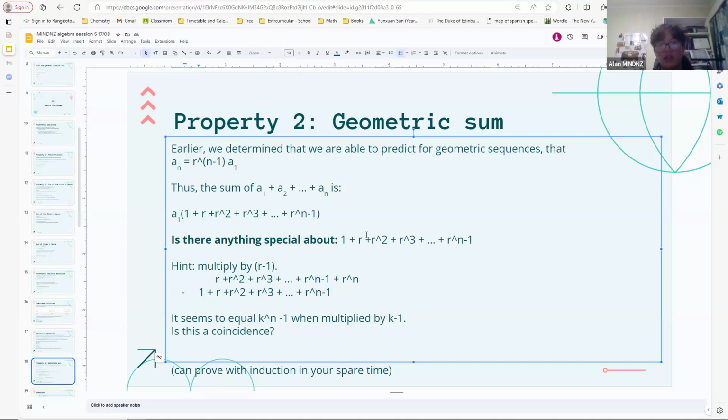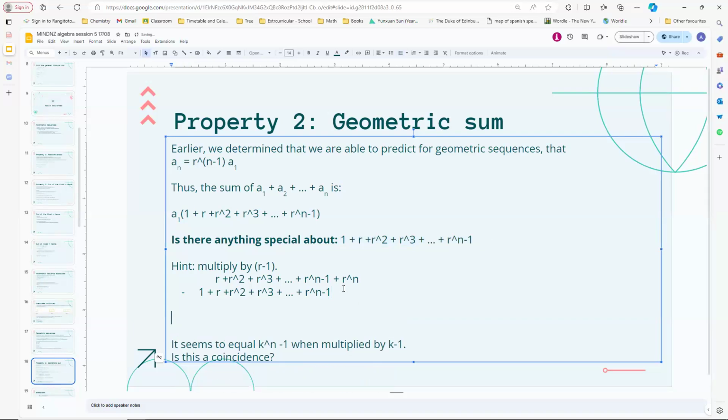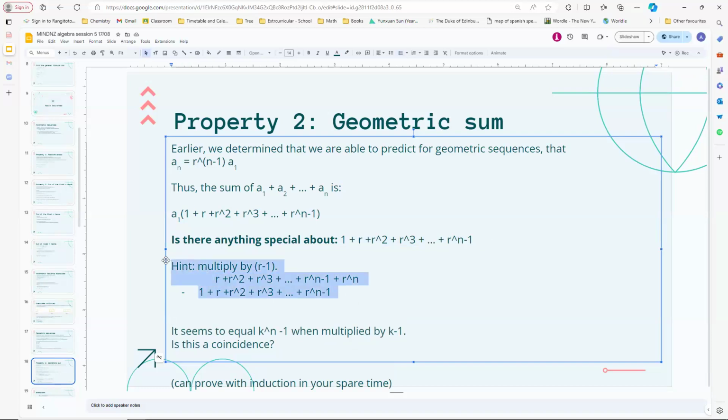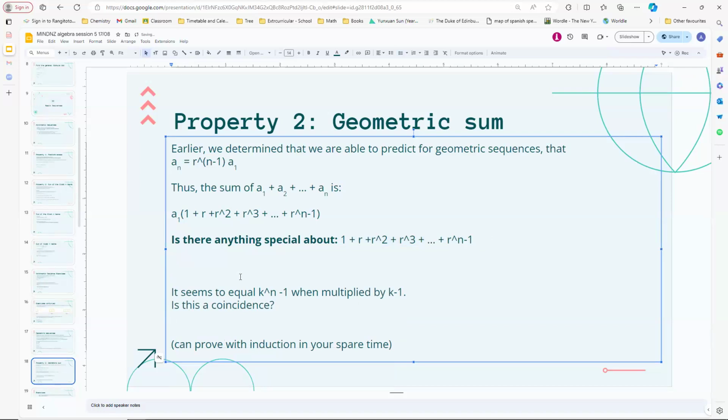So this large expression, 1 plus r plus r squared dot dot dot plus r to the n minus 1, times r minus 1 equals r to the n minus 1. We can rearrange that equation to get that the sum is equal to r to the n minus 1 divided by r minus 1. Well, you still have k at the bottom, by the way. Oh yeah, I'll just change that.